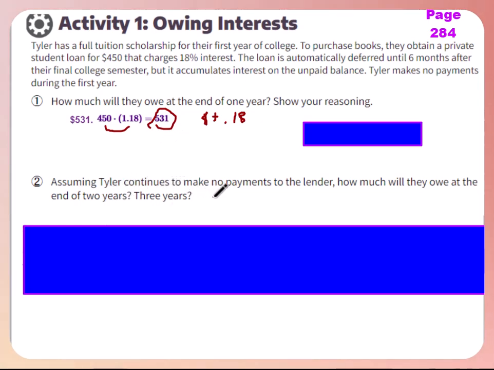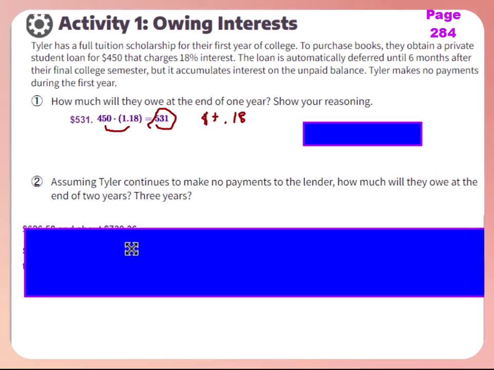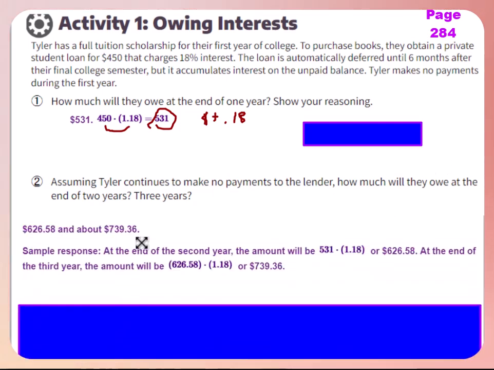Assuming Tyler continues to make no payments to the lender, how much will they owe at the end of 2 years and the end of 3 years? Okay? So we're going to take this same equation, and then we're going to raise this 1.18 to the second power, put that in our calculator. We should get about $626.58.